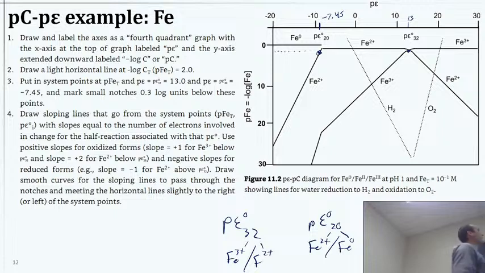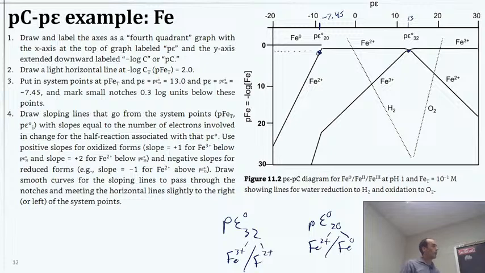Okay, so basically we're just going to do that on each of the markers where we are crossing that equilibrium spot. So then part 4, draw sloping lines that go from the system points that we just added with slopes equal to the number of electrons in change for the half reactions associated with that particular PE. So use positive slopes for oxidation forms.